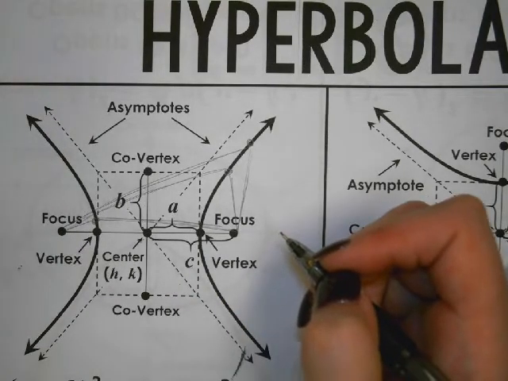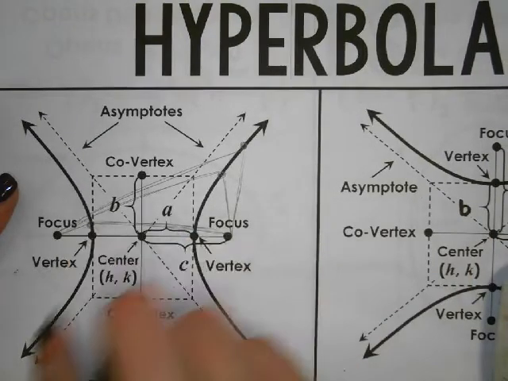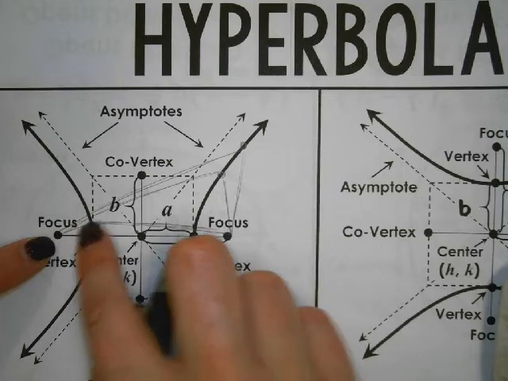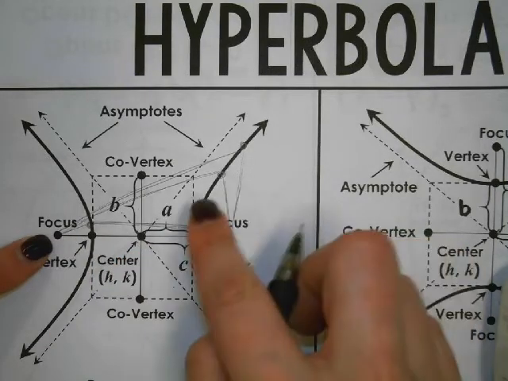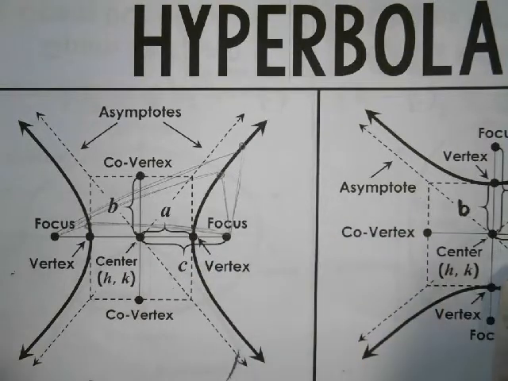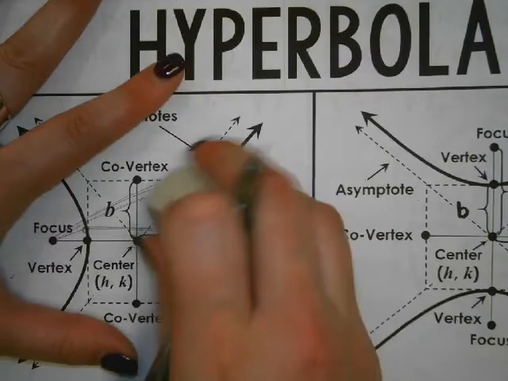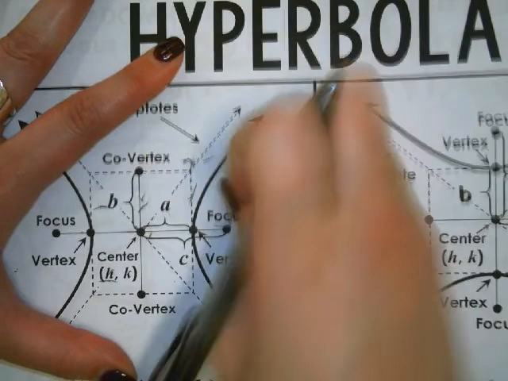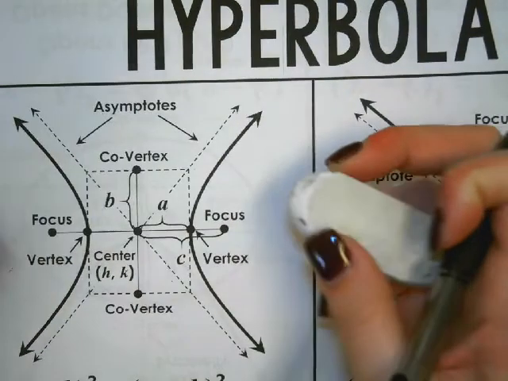So that's all the definition is saying, is that if you took any point on the curve and looked at the distances from that point to each focus and subtracted those distances, because it says the difference, that amount will always be the same. It will be constant.